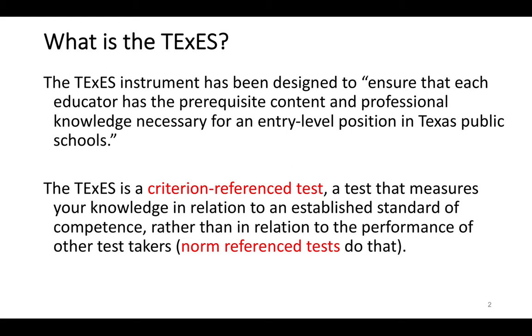What that percentile ranking does is it shows you where you fall in the entire population that took that test in a particular amount of time. Again, the TExES exam is criterion referenced, so you're being evaluated on whether or not you met a particular criteria or a particular standard of competence.